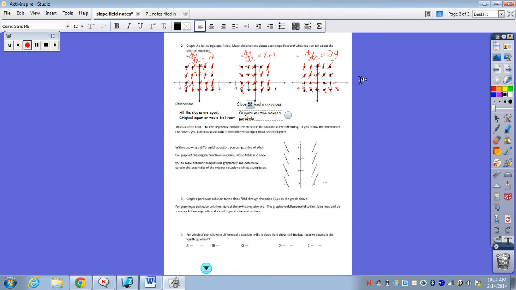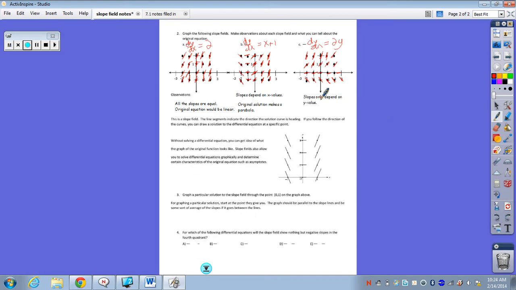The third one, dy/dx is equal to 2y. So in this case, our observation would be that the slopes only depend on the y value. And so if we look at that, when y is 0, the slope is 0. When y is 1, the slope's 2, so then it gets 4.